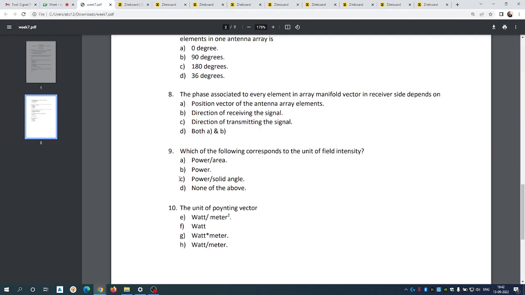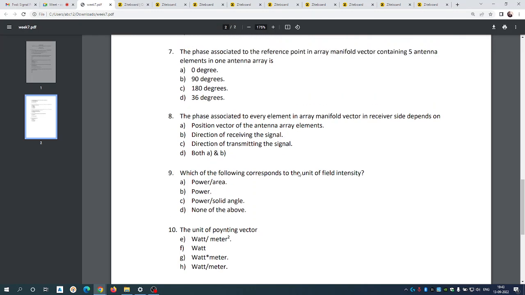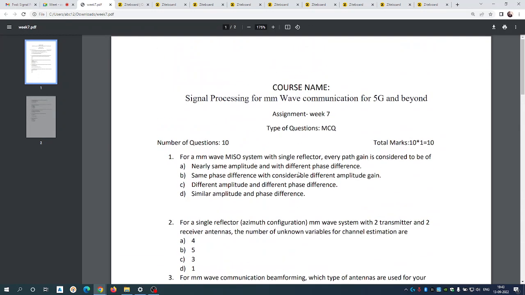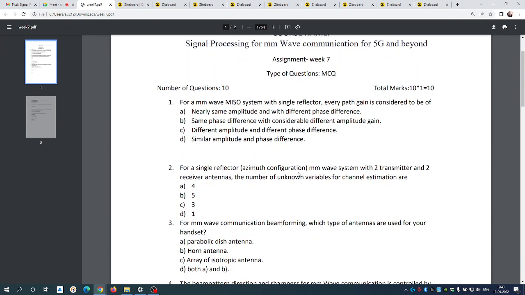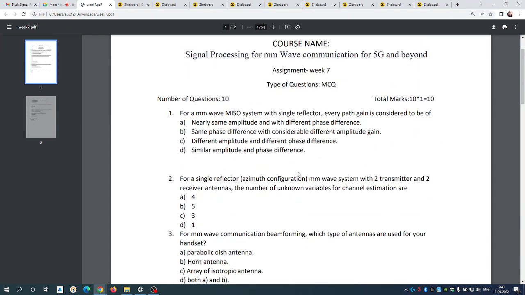So the right option will be watt per meter square. So this is the last question for today's session. So all the questions are covered for today. Does anybody have any doubt about any question I have discussed today?